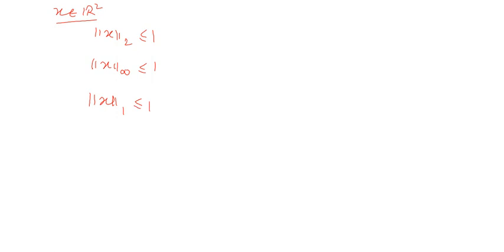If you recall the definition, for the 2 norm it is the square root of x1 square plus x2 square less than or equal to 1. If you draw the unit cell here, it is the unit circle and its interior.